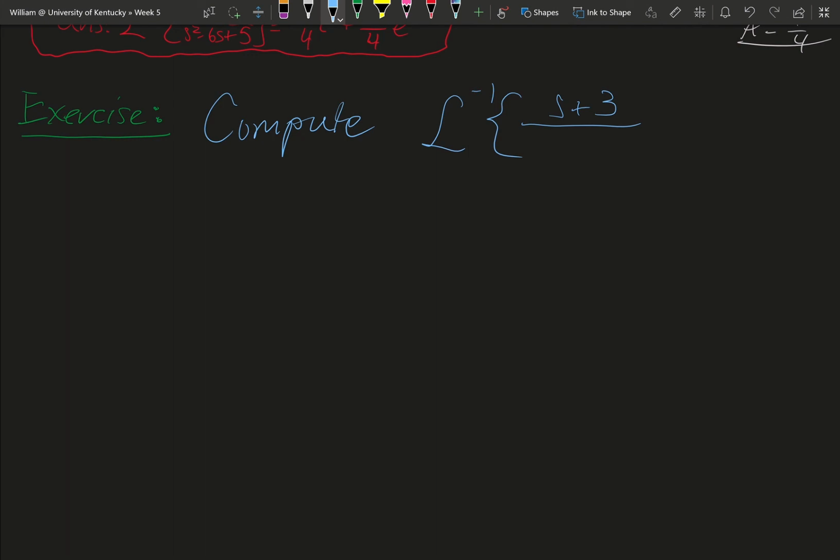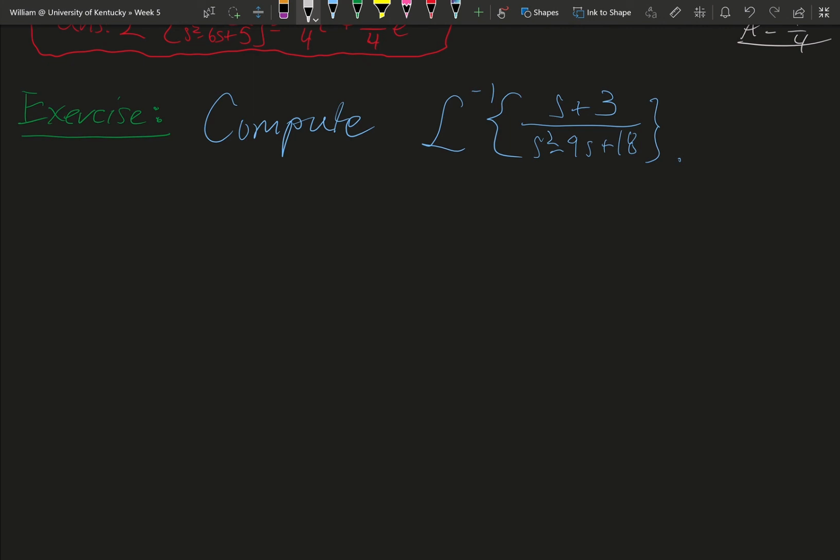So we'll have s + 3 on top, and on the bottom, we're going to have s² − 9s + 18. Right. So pause here, give that a shot, and let's go over the solution.